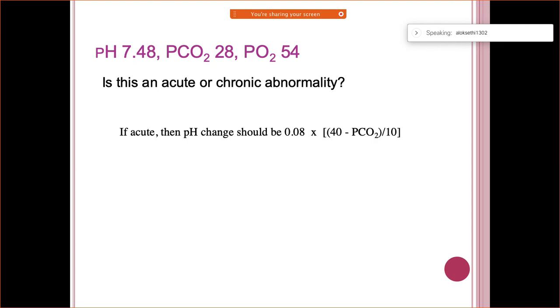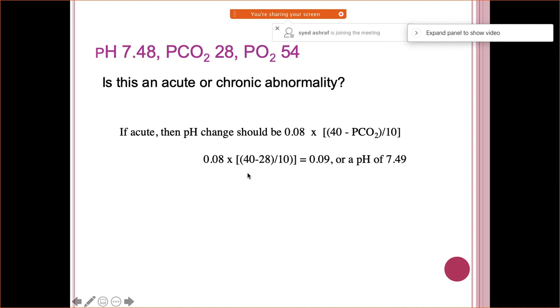For example, if it is acute, the pH change will be 0.08 times (40 minus PCO2) divided by 10. I would really like you all to know this formula because it is really, really important. So, you put in the value of PCO2, for a pH of 7.49.